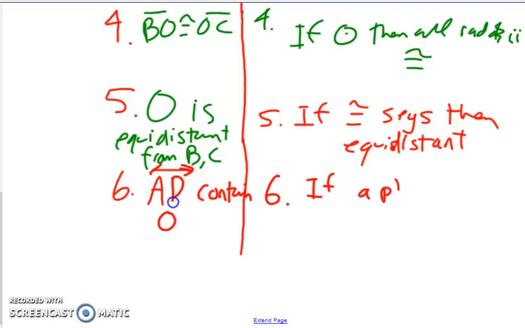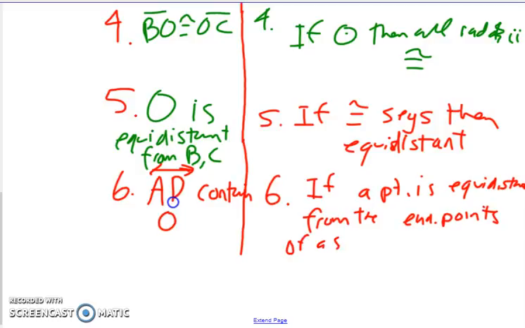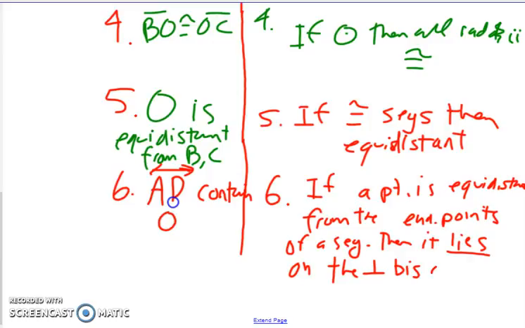So if a point is equidistant from the endpoints of a segment, then it lies on the perpendicular bisector of that segment. And we're done.